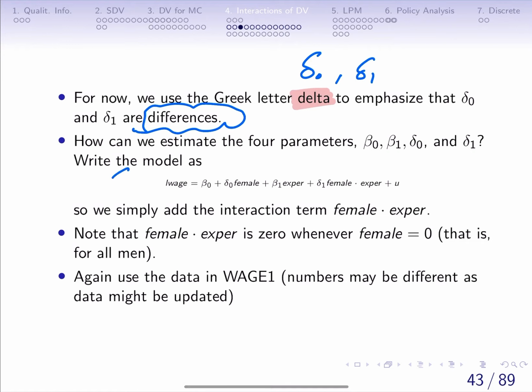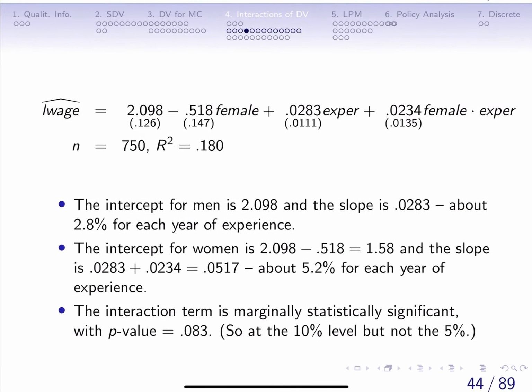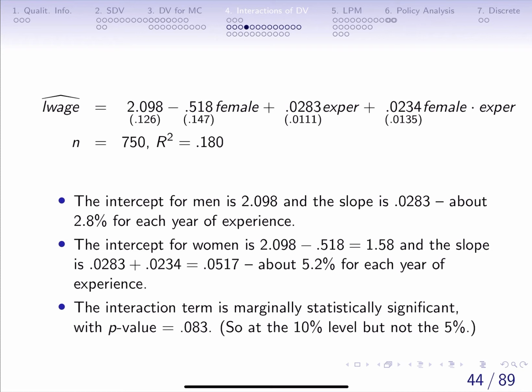So we can estimate a model like this and estimate beta naught, delta naught, beta 1, and delta 1 by just adding that interaction term. Note that female times experience takes a value of 0 whenever female is equal to 0. You could try this, but let's work on the interpretation, and let's say we got these estimates.